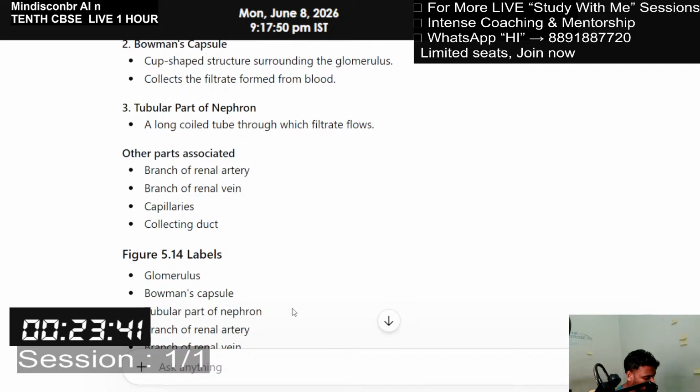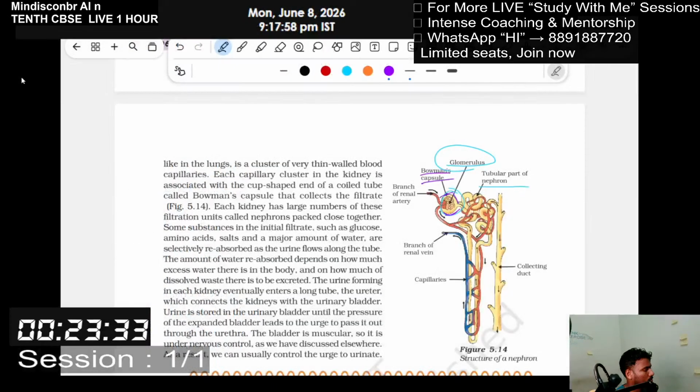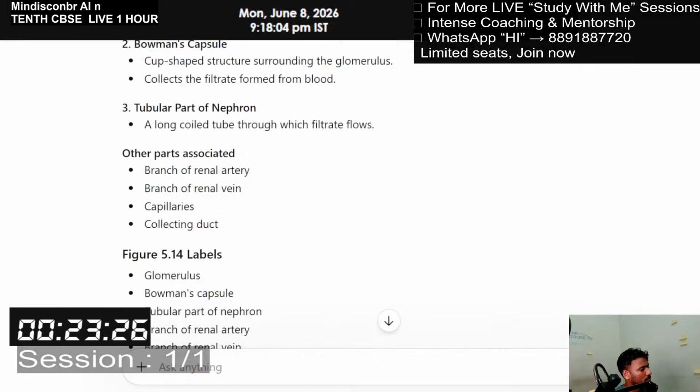That is called the tubular part of nephron.